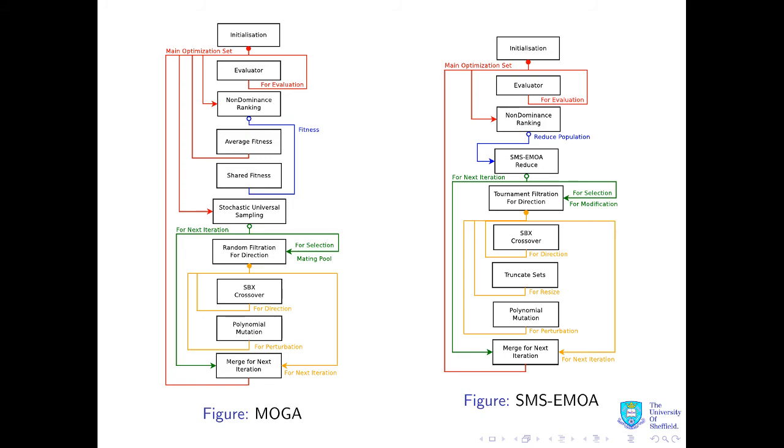SMS-MOA is also a steady-state algorithm, so only one solution is created per iteration. That means that we could customize its operators in order to have different behaviors, such as specifying how many solutions you could create.